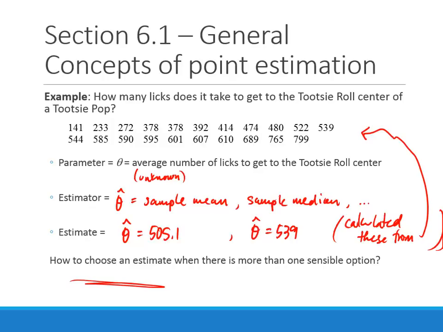If I was asking you the average number of licks it takes to get to the middle of a Tootsie Pop, what would you tell me? You have several choices here, right? So that's what we want to decide. We want to find ways of selecting a good estimate out of the many possibilities that we could use. So that's the goal of this chapter, is to figure out how to choose good estimates when we have multiple options.